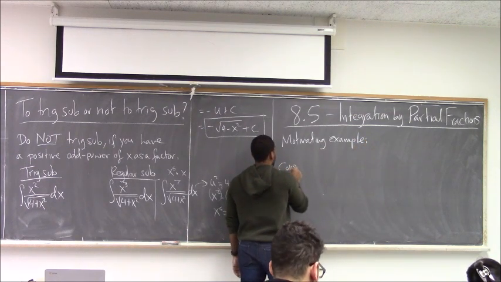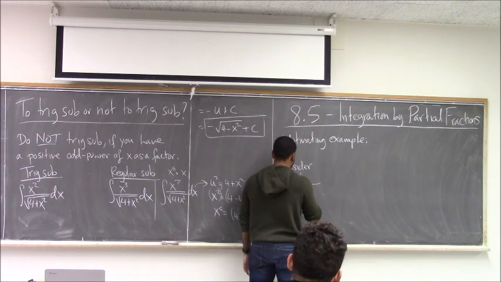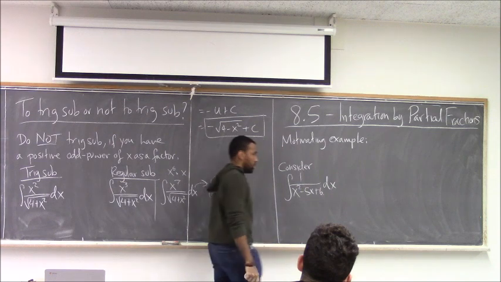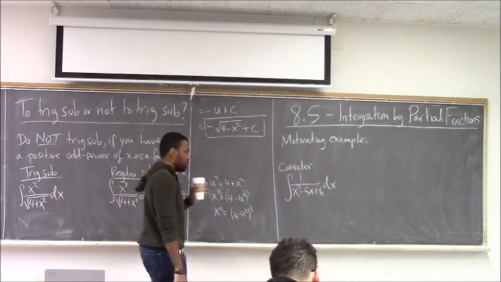So consider this integral over here, x squared minus 5x plus 6 in the denominator. You see that integral pop up and you want to compute it.